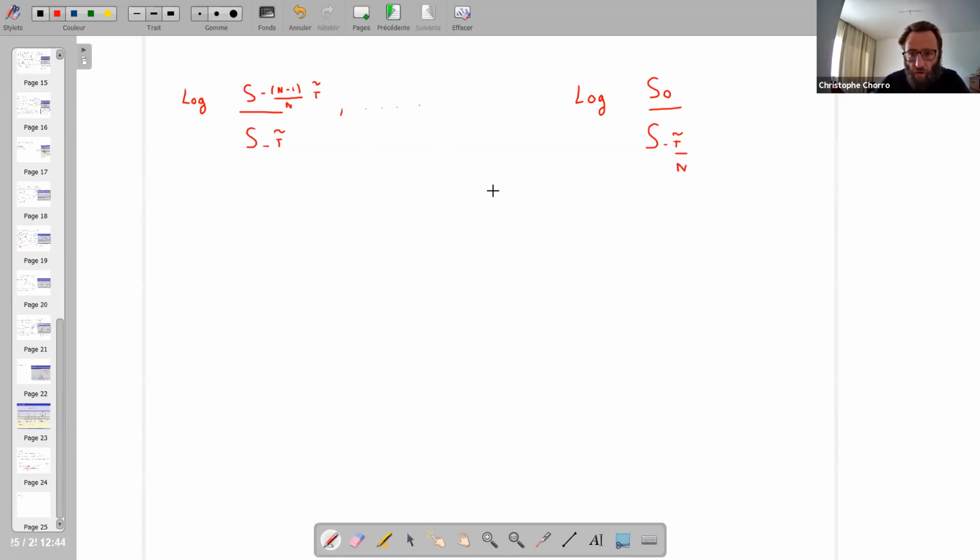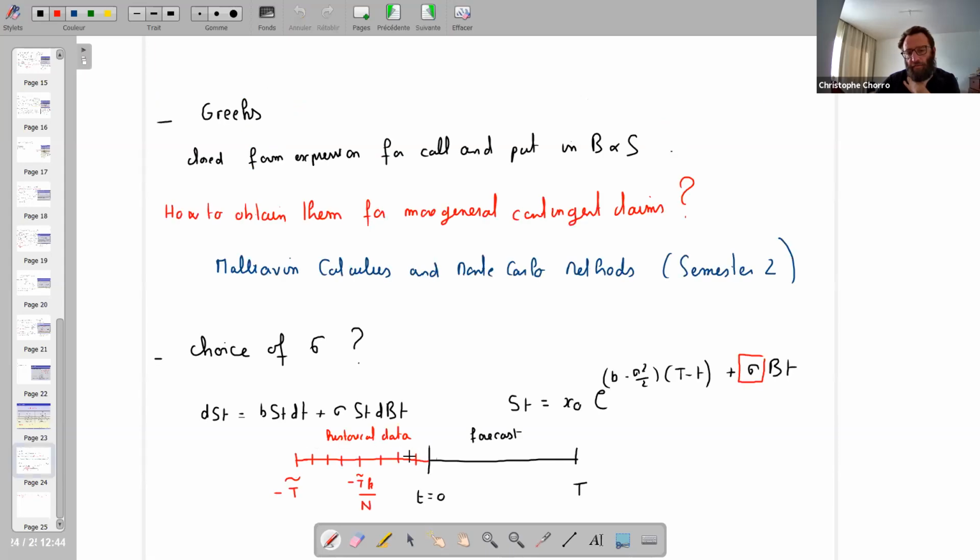So I have log returns, which I can write as Y1 up to Yn. I have exactly n of them. I have my N log returns that I can build from my historical data.